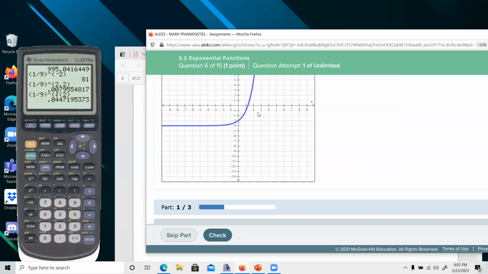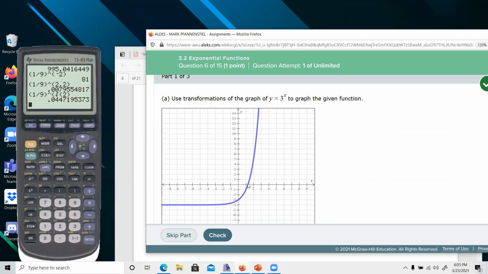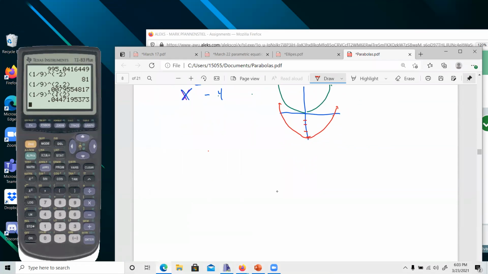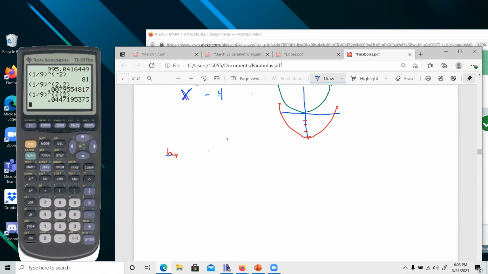Okay. Again, you'll notice when we first started that one, it didn't have any negative parts. So what that means for us is that we have a horizontal asymptote at y equals 0 in this case.